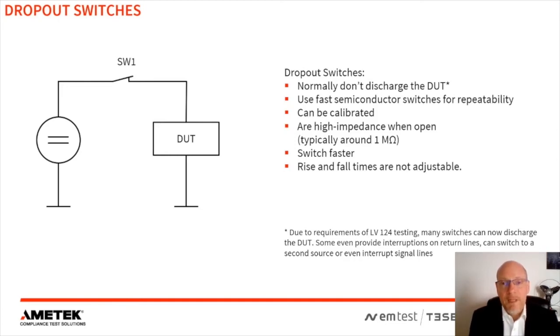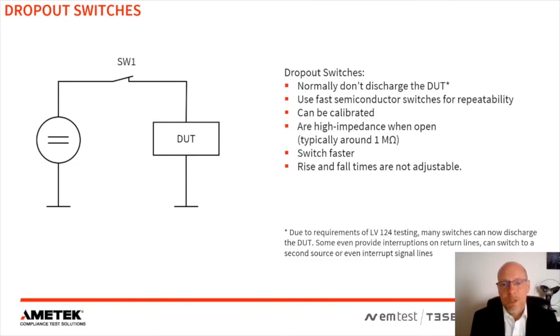The main benefit of a dropout switch, even though it's not exactly what's happening in the vehicle, is that you can calibrate it. They have very high repeatability, and you can calibrate them in an ISO 17025 accredited laboratory.